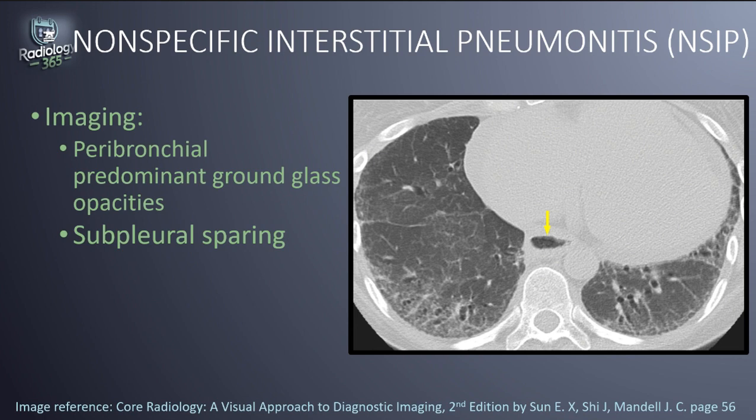Alright, so in this image, it's a case of NSIP and it's an axial CT and it shows posterior basal predominant subpleural and peribronchial reticulation with mild ground glass attenuation and mild traction bronchiectasis. You can see these dilated bronchi here. Now, this presentation likely represents the fibrotic subtype of NSIP, and the esophageal dilatation we are seeing here is a clue to the presence of scleroderma, which is often associated with NSIP.